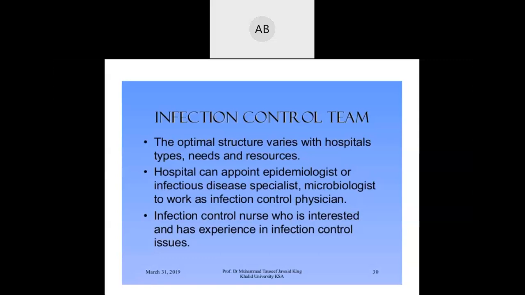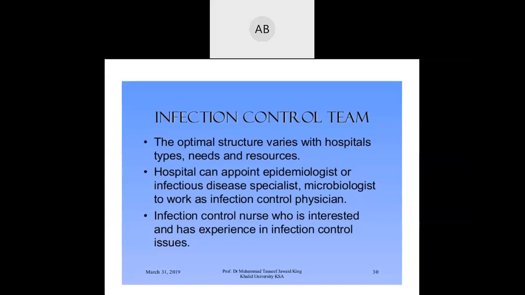Usually in this infection control team there are experts. It will include a doctor, an infection control nurse, an in-charge, maybe the nursing superintendent, and one lab technician. A microbiologist, all these members may be part of the infection control team. Their main responsibility is to meet at least monthly.